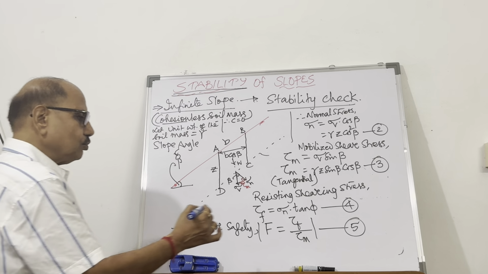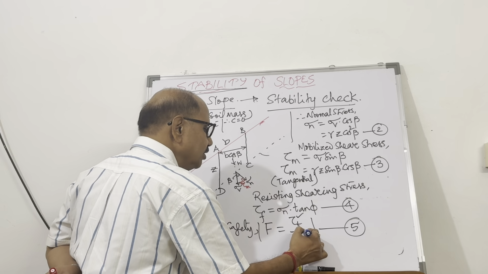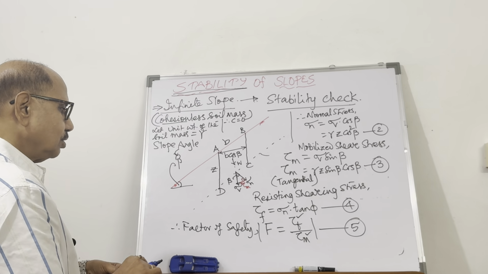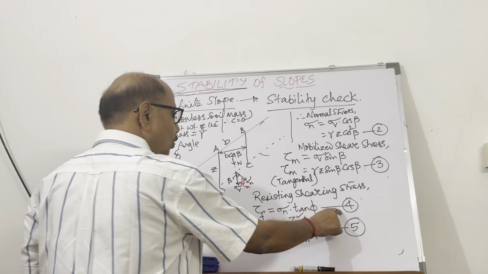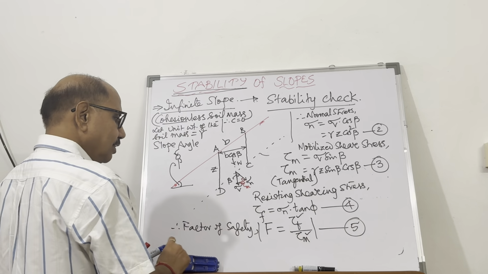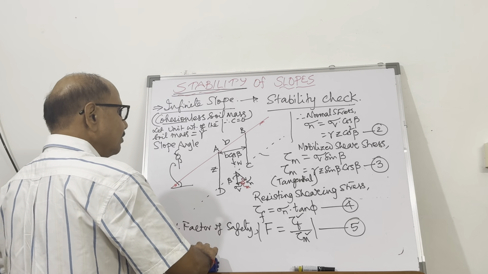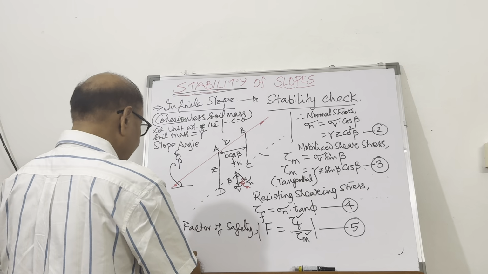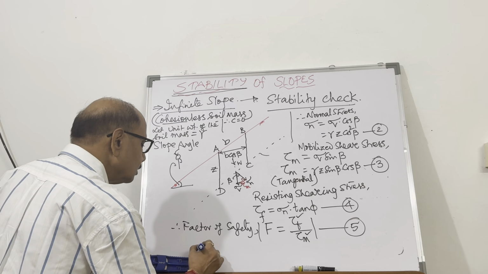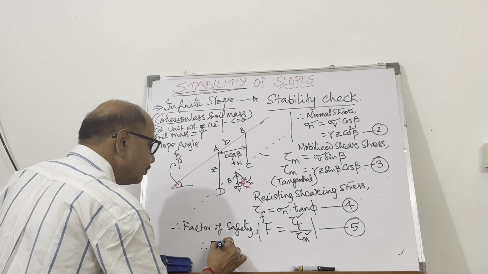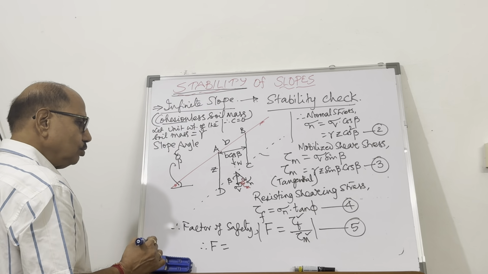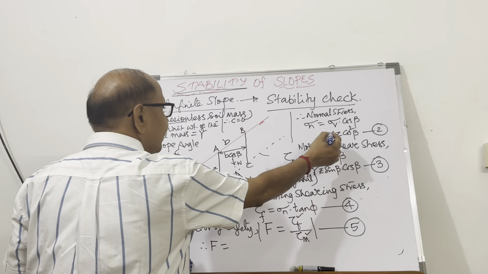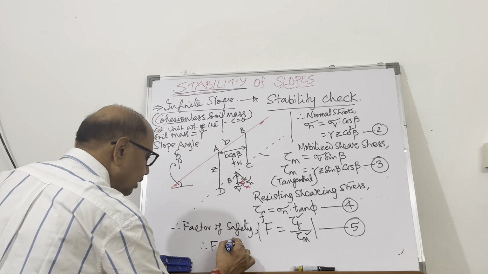Now tau f is known to us, tau m is known to us. So equation 4 divided by 3, we can get the factor of safety easily. Therefore, the factor of safety F will be equal to sigma n, and sigma n is already gamma z cos square beta.